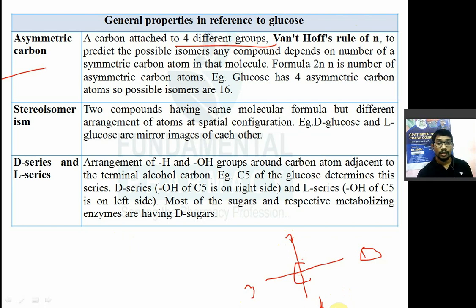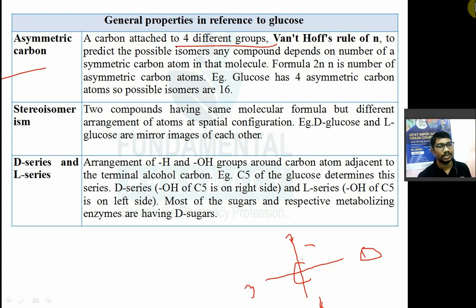Monosaccharides will have asymmetric carbon atoms in their structure. Because of that asymmetric carbon atom, different isomers of the compound are possible. If a structure has an asymmetric carbon atom, you get isomers.